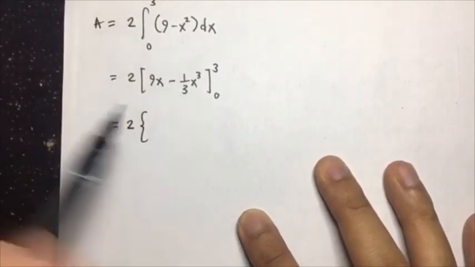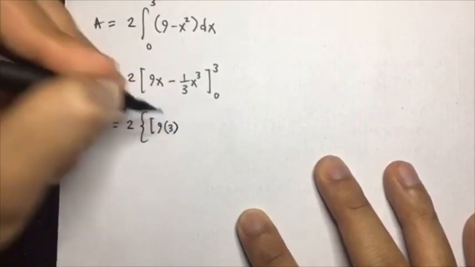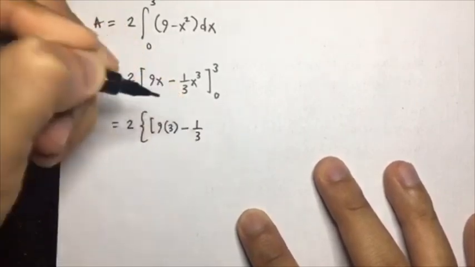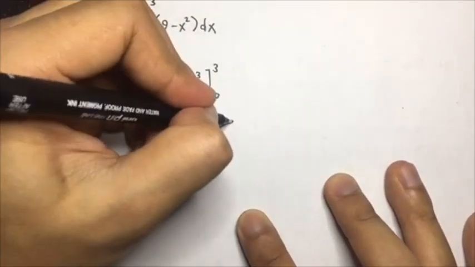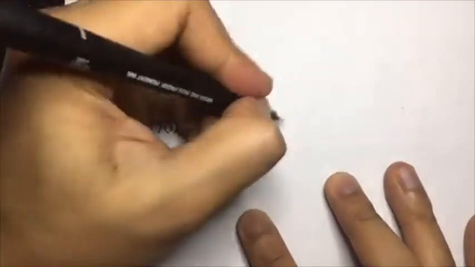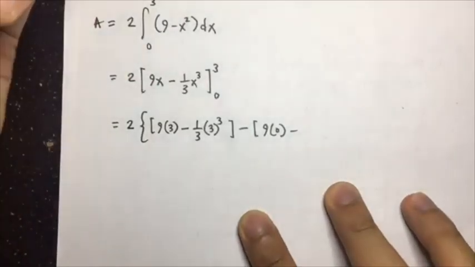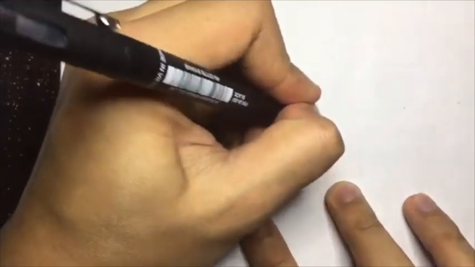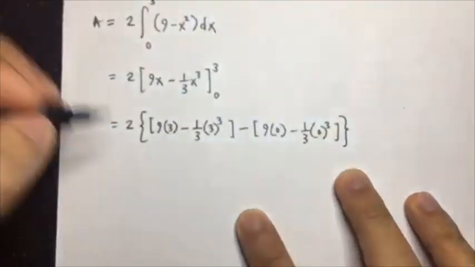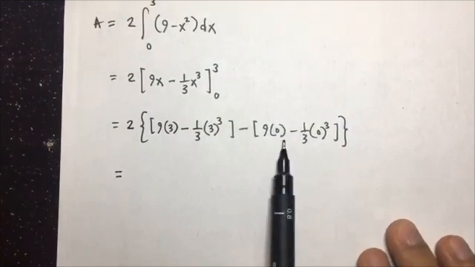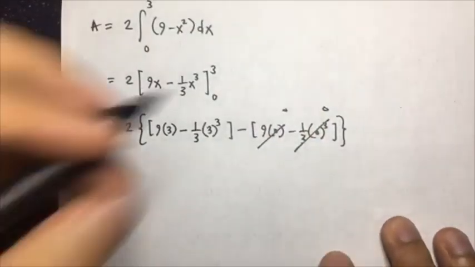Substituting the limits, we will have 2, using curly braces, and then substituting the upper limit, 9 times 3 minus 1/3 of 3 cubed, minus 9 times 0 minus 1/3 of 0 cubed. Obviously this is 0, and this is also 0.